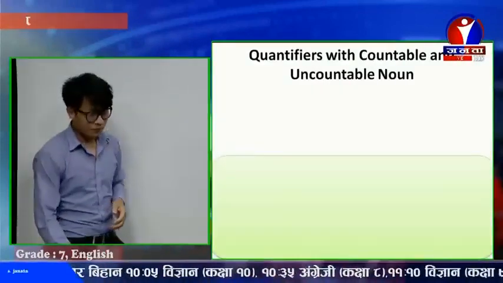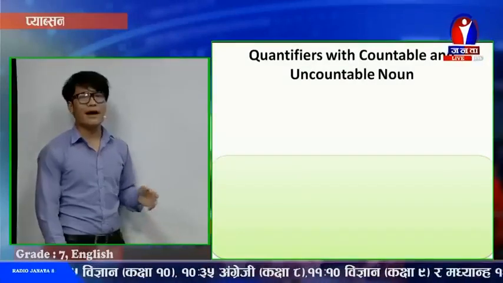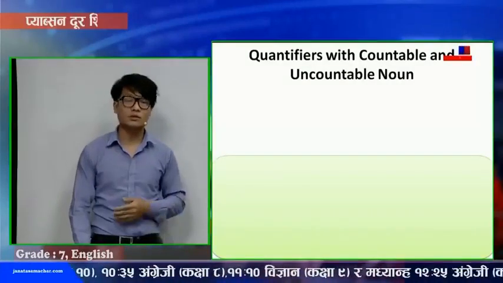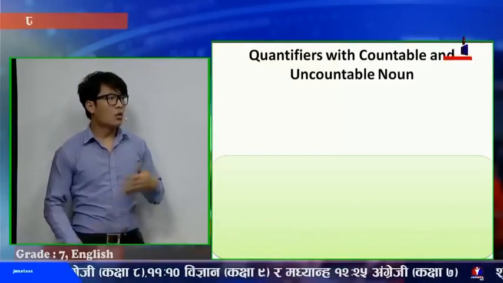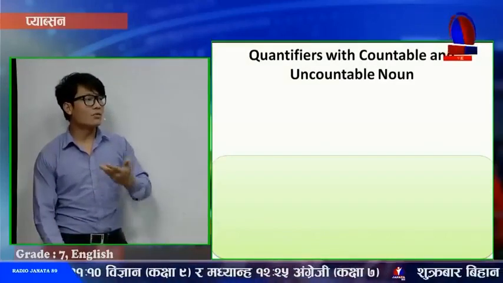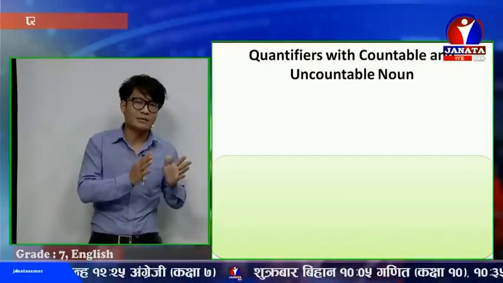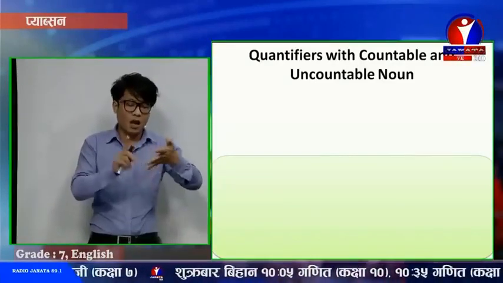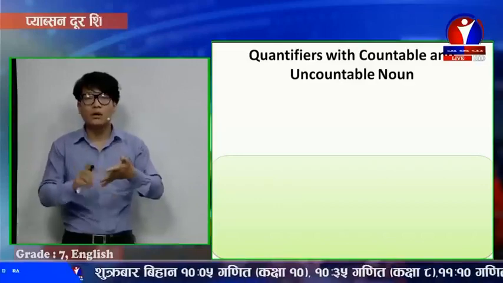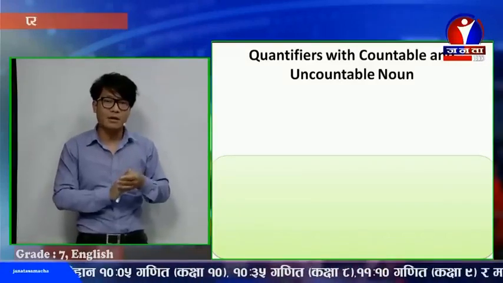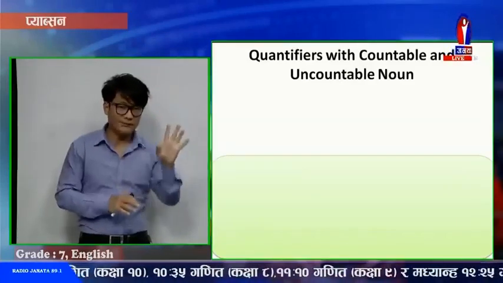After this, we are going to use quantifiers with countable and uncountable nouns. Quantifiers like some, a lot of, a few, lots of, several, both. These are the quantifiers.